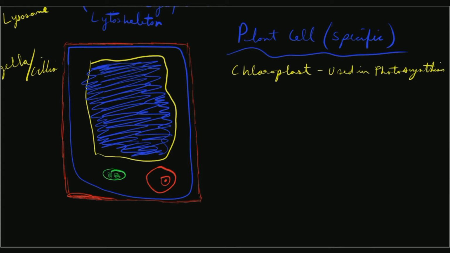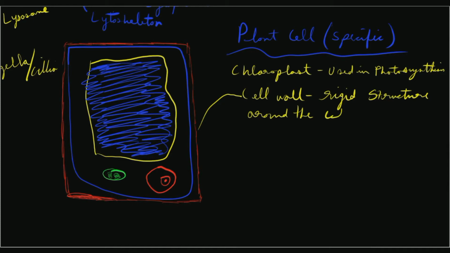Okay, and then we have the cell wall. So that would be like this structure. This structure would be the cell wall. It's just a rigid structure around the cell. That basically keeps the cell in line because there is a lot of storage of water.